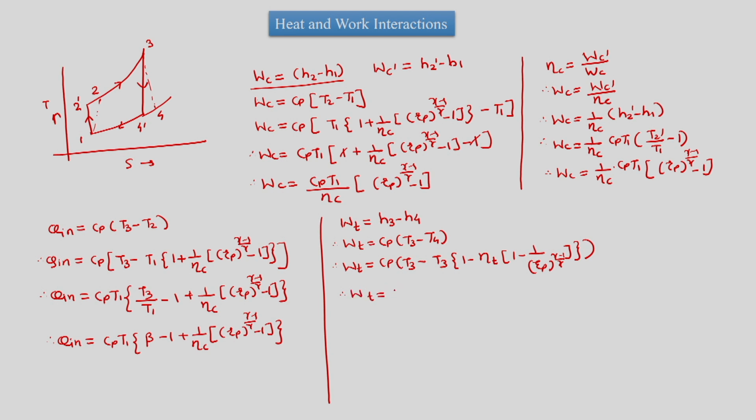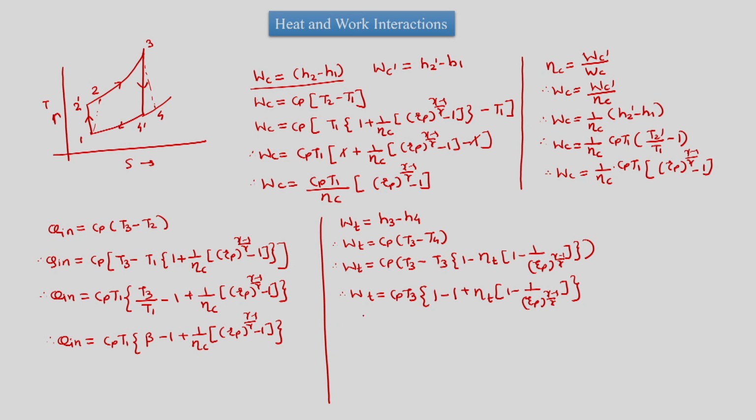So we can take Cp T3 as common, and then we can say Cp T3 into 1 minus 1 plus eta T into 1 minus 1 upon Rp raised to gamma minus 1 upon gamma, and then all the brackets complete. So this is how we can find it out.